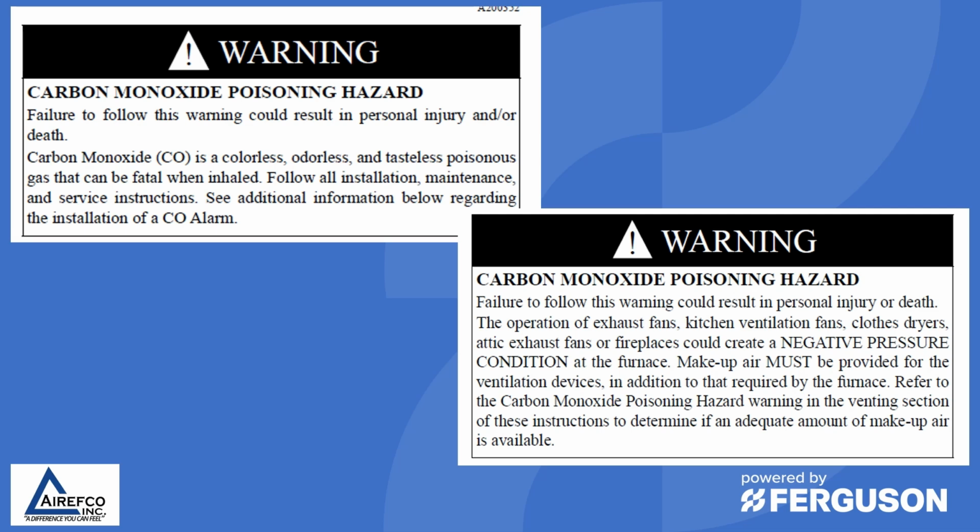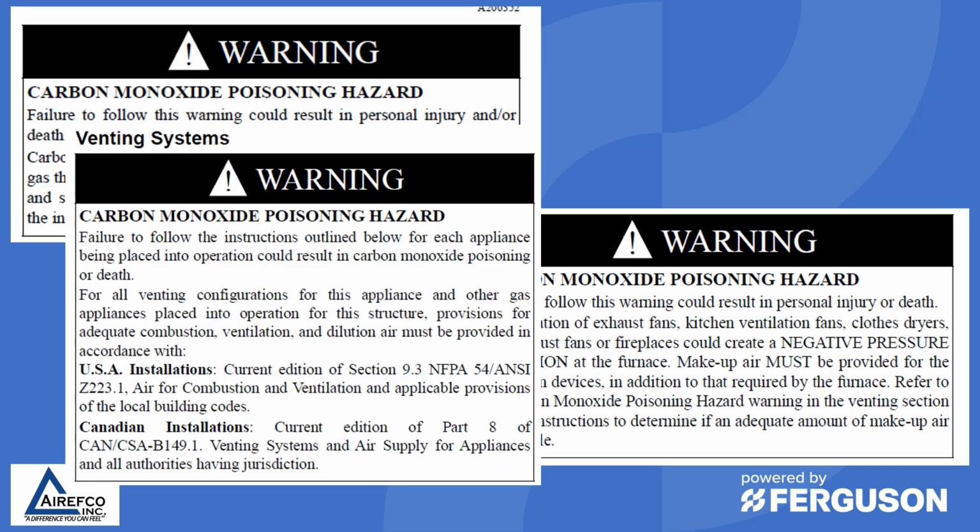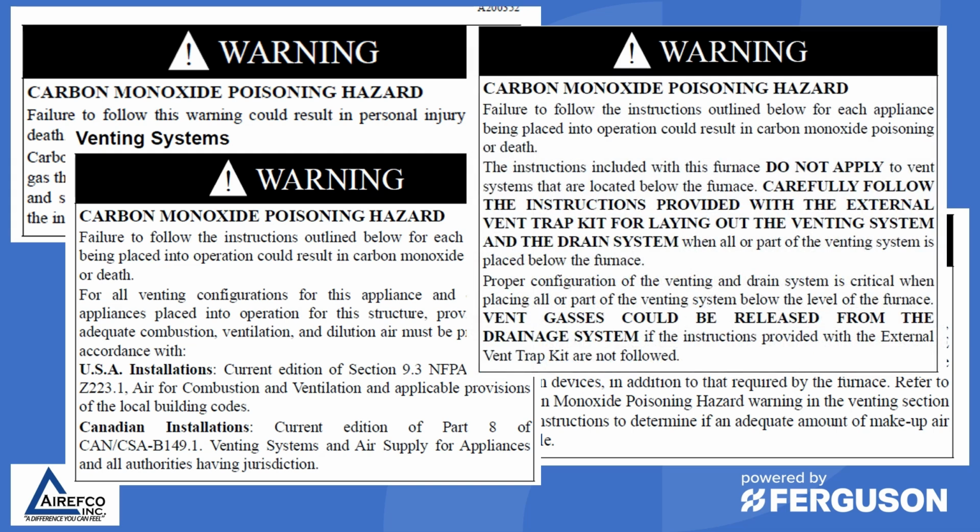If you look at the installation guides for any 90% furnace, you're going to find various warnings about carbon monoxide poisoning. You need to heed these because it is very important for yourself as an individual installer, and also as a representative of your company.